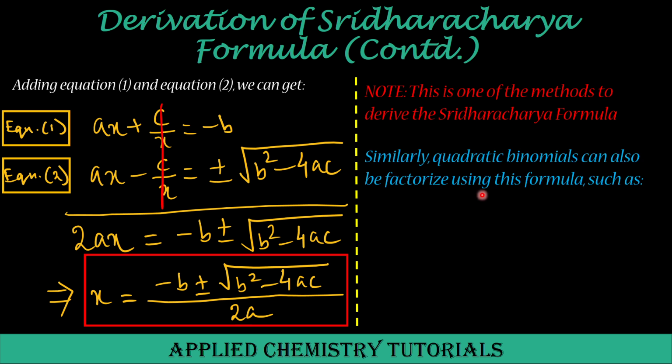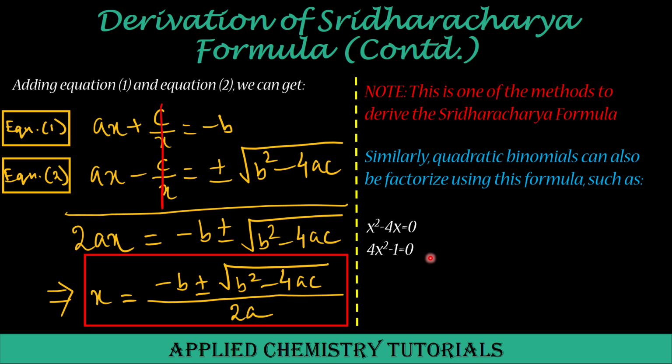Similarly, quadratic binomials can also be factorized, and their associated quadratic equation, and then find out the roots using the Sridharacharya method. And as an example, if x² - 4x = 0, here we can definitely see c equals 0.